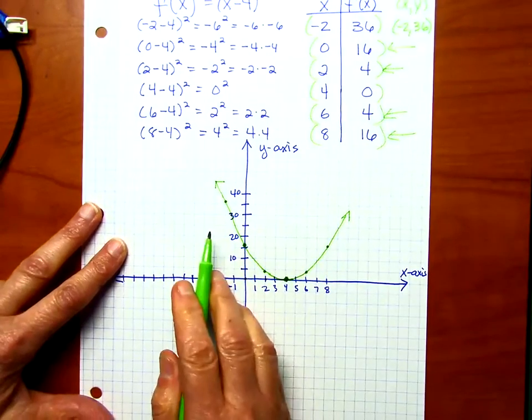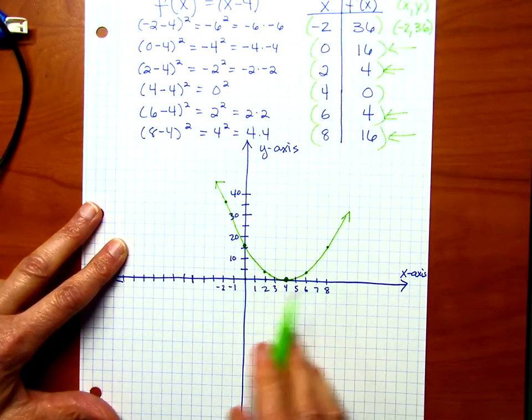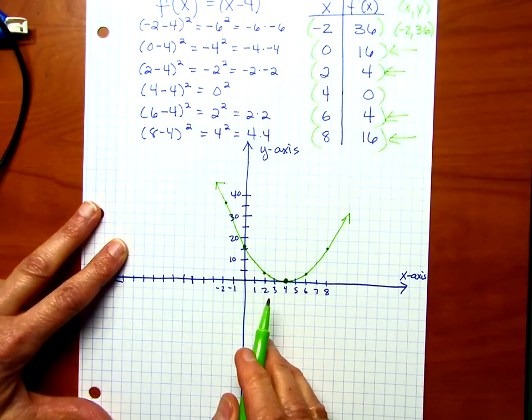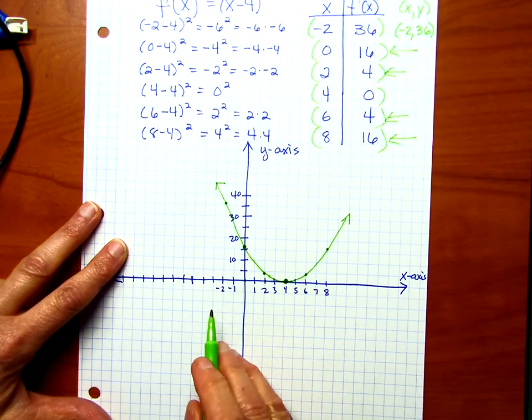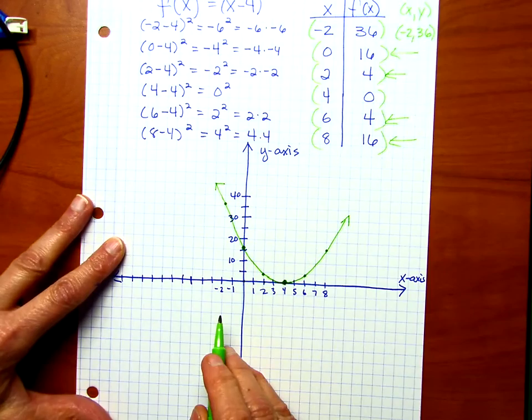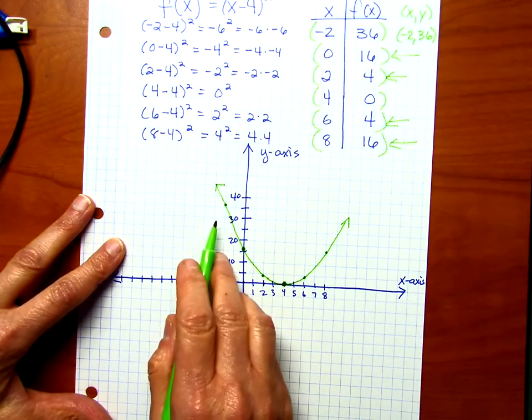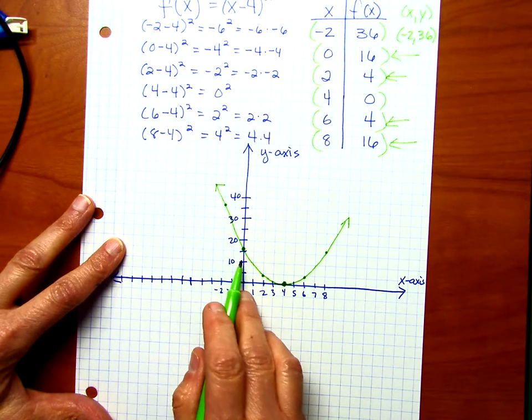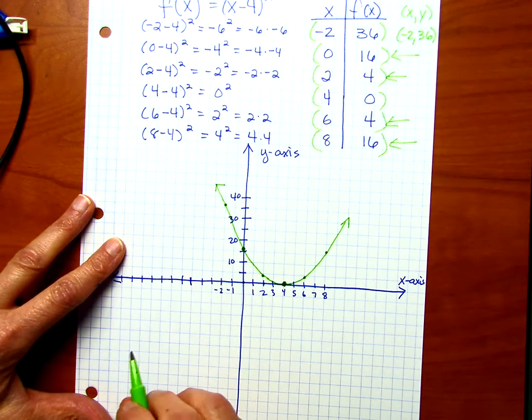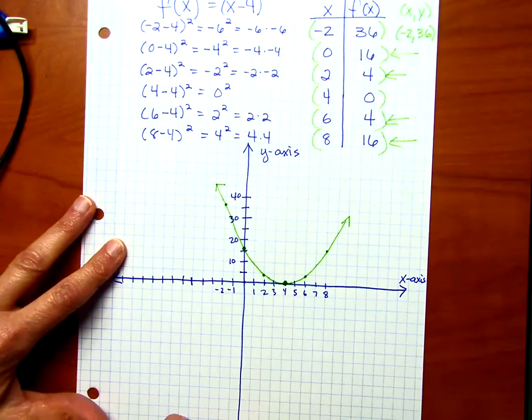Notice that this is not a straight line. So this equation, or this function, is non-linear, okay? If it were to create a straight line, you would get out your ruler and line up the points, and if it indeed made a straight line, then it would be a linear function.